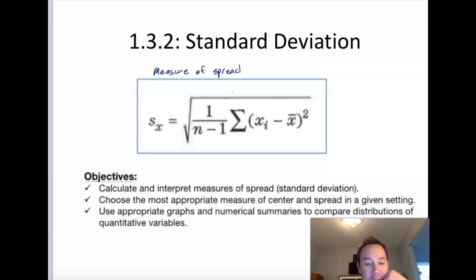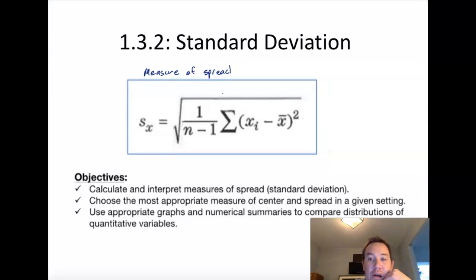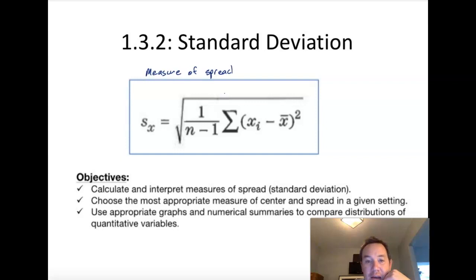Remember when we talked about these things last time, we were talking about whether or not these measures were resistant to outliers. So standard deviation, let's break down the words themselves. Standard means typical.